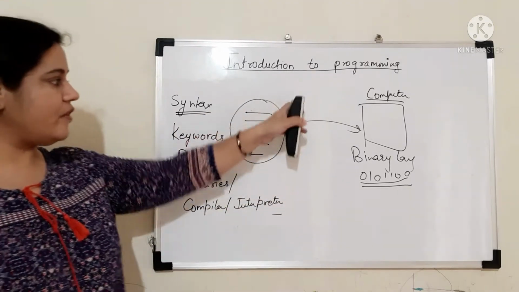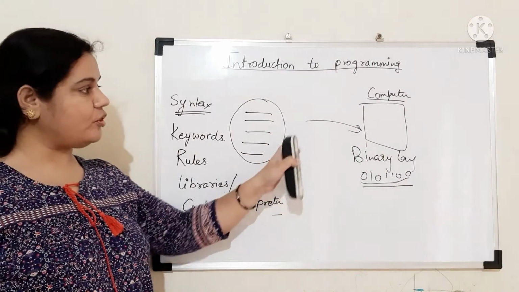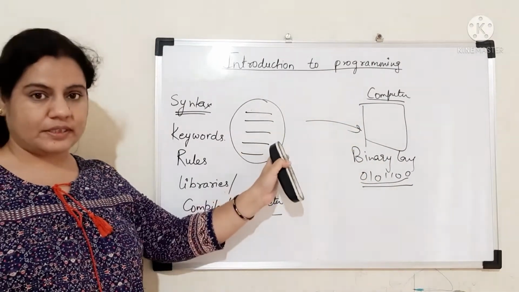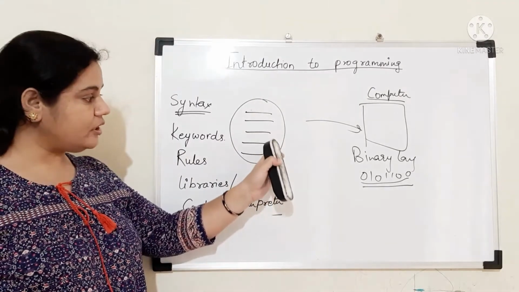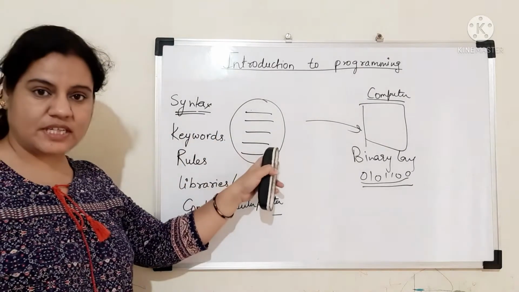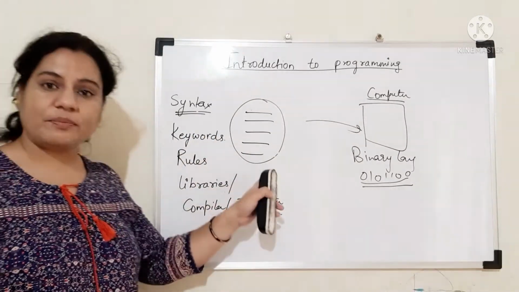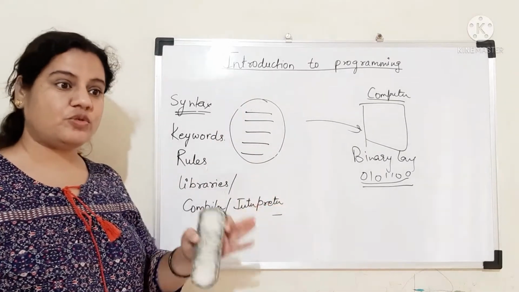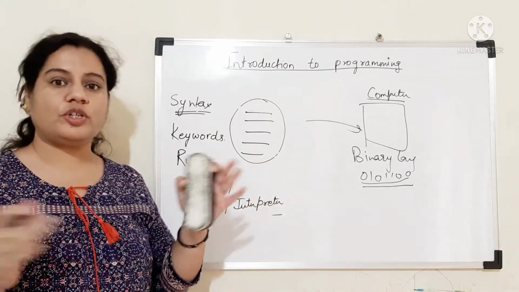Now the set of instructions which you want to execute on the computer is called the program or code. This code has to follow these things. It must have some syntax, some keywords, and follow some rules where we need to declare the variables and include the header files.